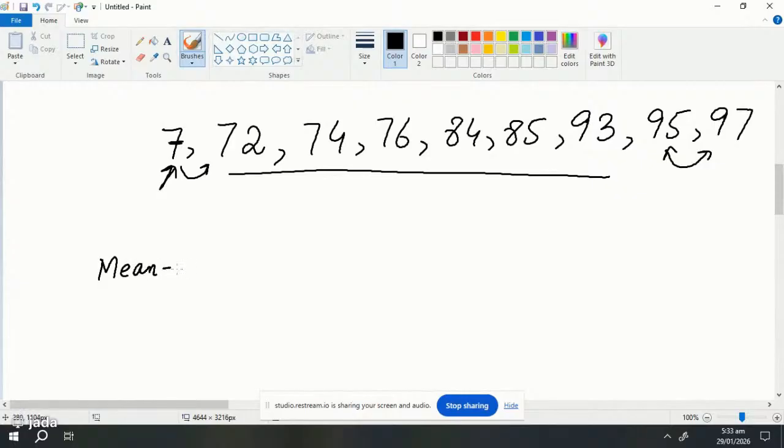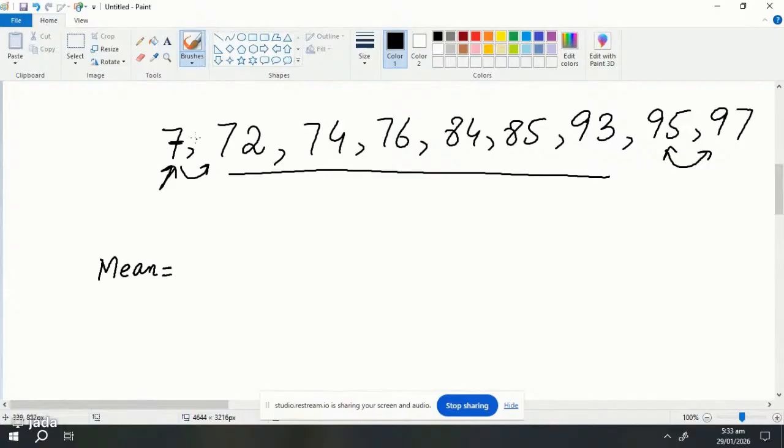The mean is where you add and then divide.